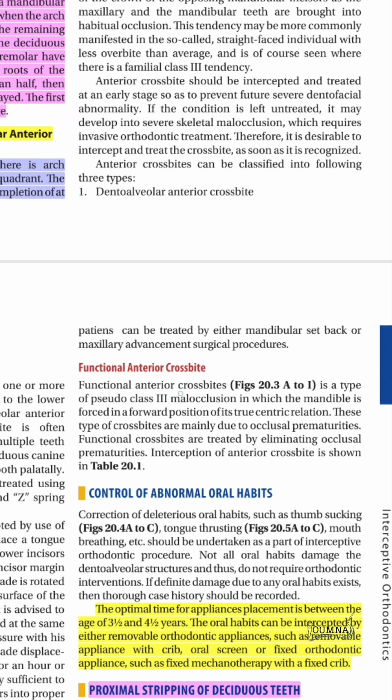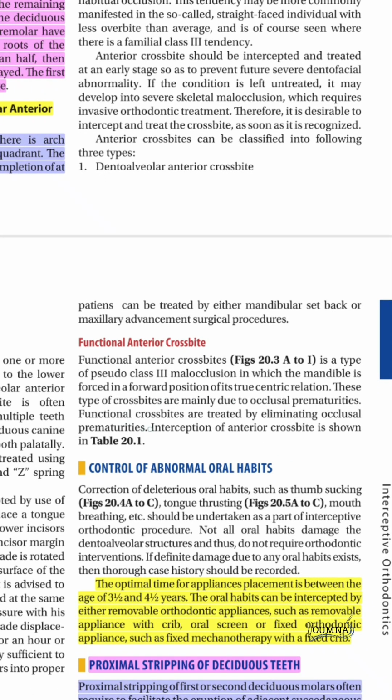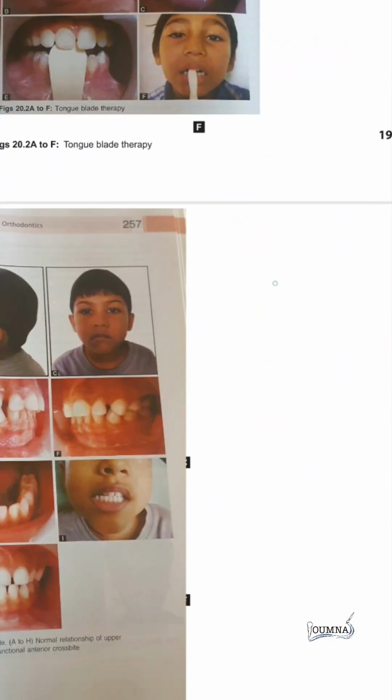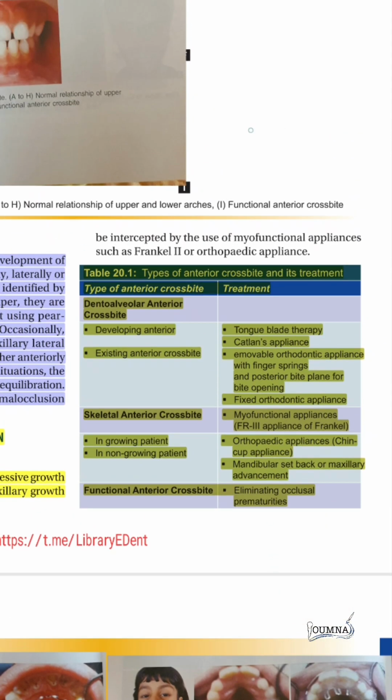But if it was a functional anterior crossbite, which we call the pseudo class 3 malocclusion, where the patient is forced to tilt the mandible in a non-centric position due to an obstacle that is present, we eliminate it by using a pear-shaped burr.